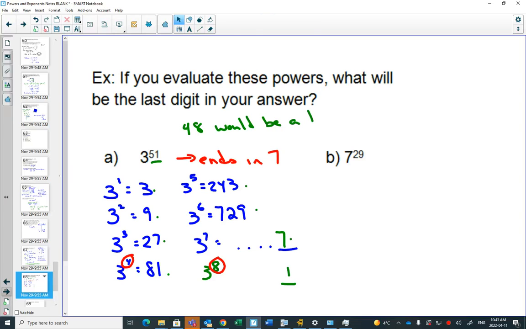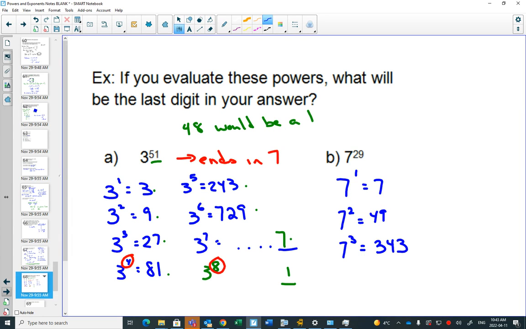But let's do the 7 one just for fun. 7 to the 1 would be 7. 7 squared is 49. 7 cubed would be 343. Is that where the pattern stops?